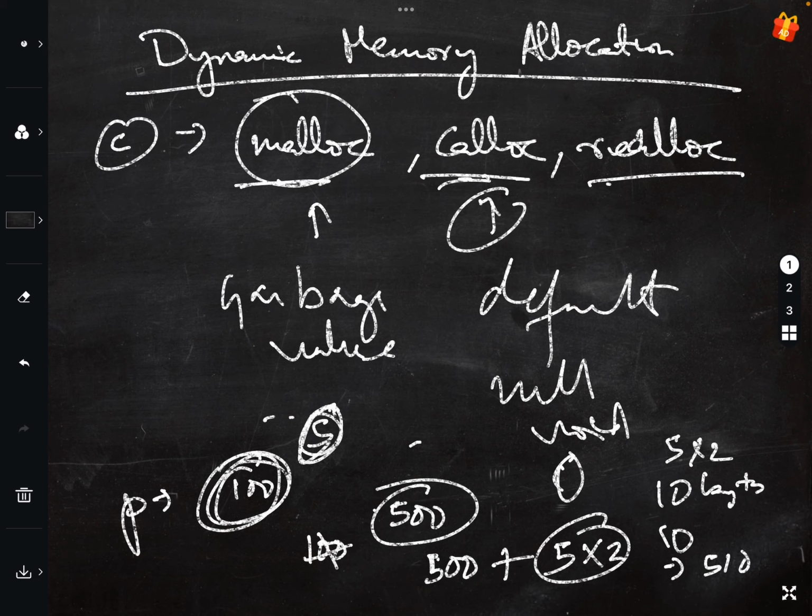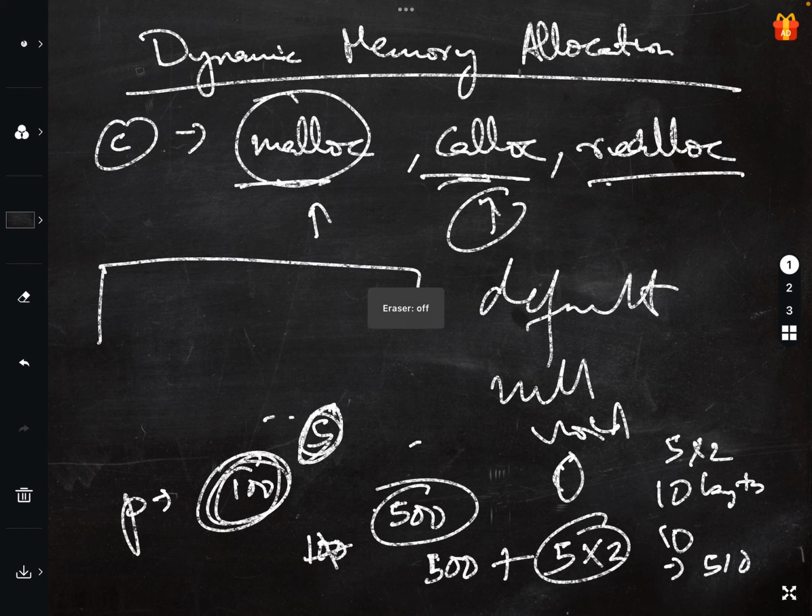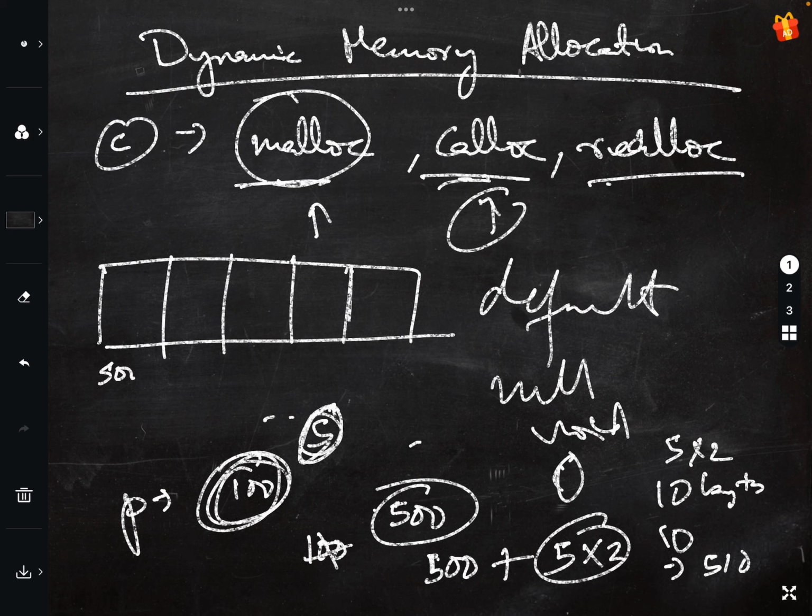So what exactly will happen here is you will have a sequence of memory. This is 500, this is 502, 504, 506, 508.